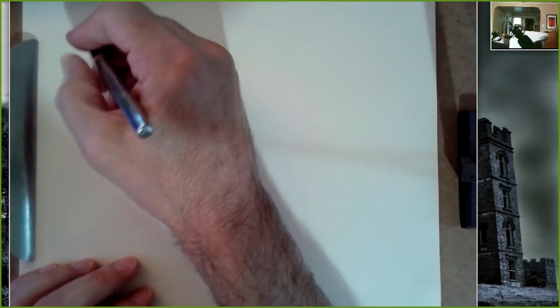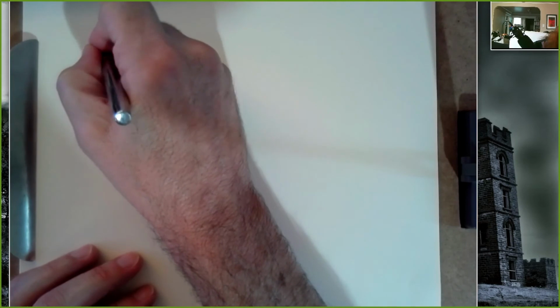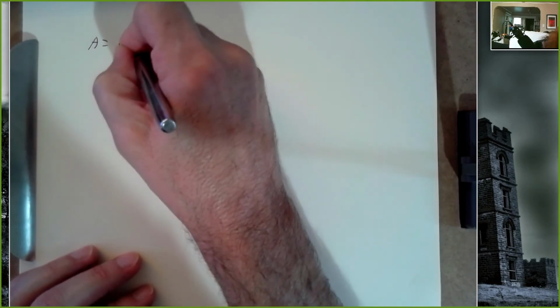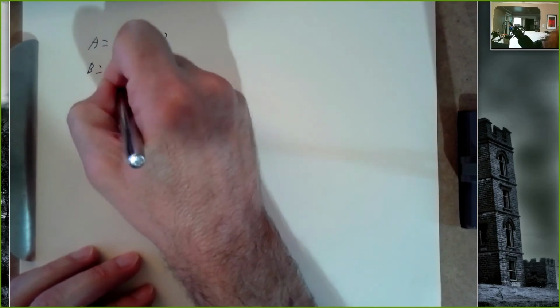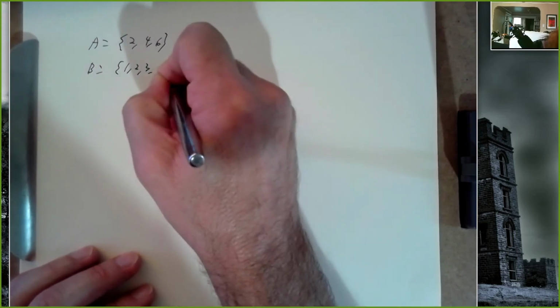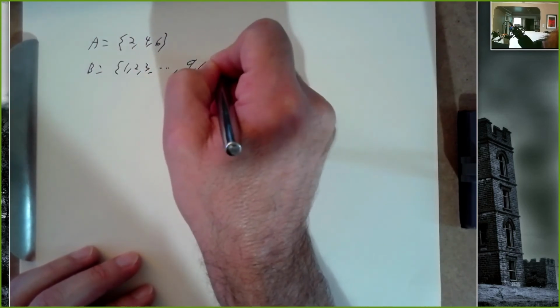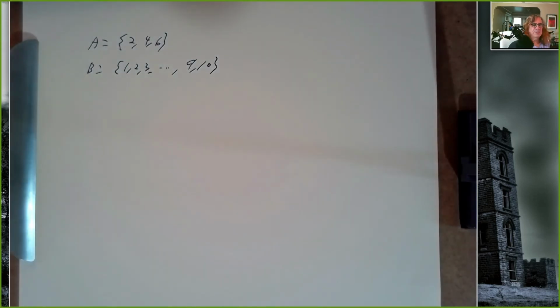So let's do some examples and make this solid. Suppose A is the set 2, 4, 6, and B is the set 1, 2, 3, 4, 5, 6, 7, 8, 9, 10.